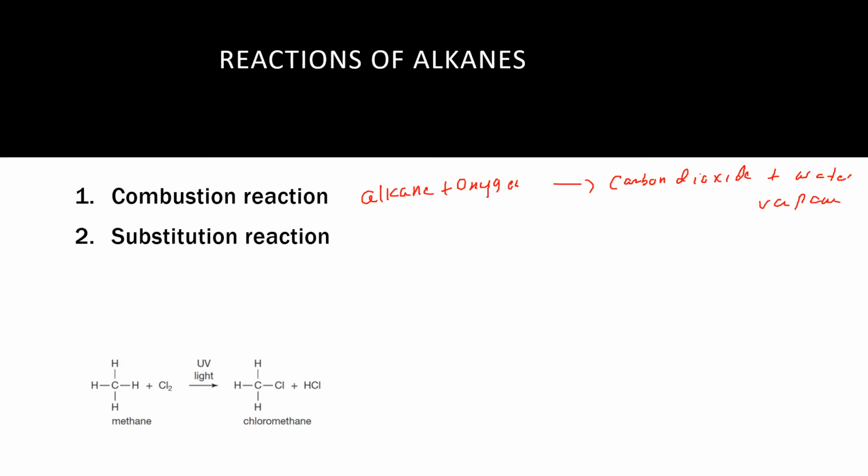vapor. Okay, so for example we take first the simplest alkane, CH4, methane. So methane plus oxygen, this is a gas, oxygen also gas, gives you carbon dioxide gas plus H2O vapor, gas. Vapor means gas. So now we have to balance.